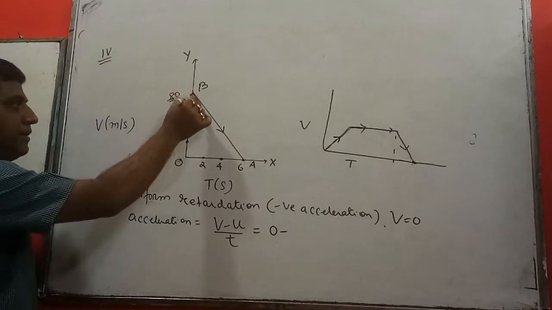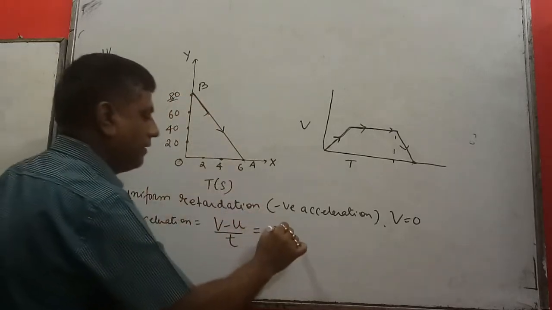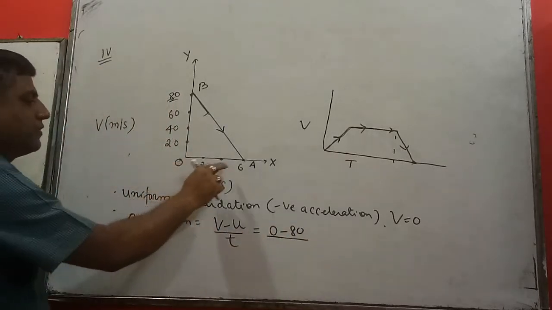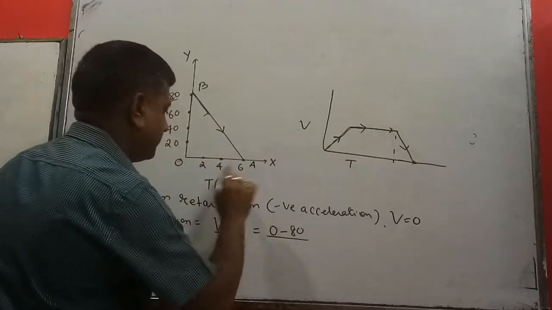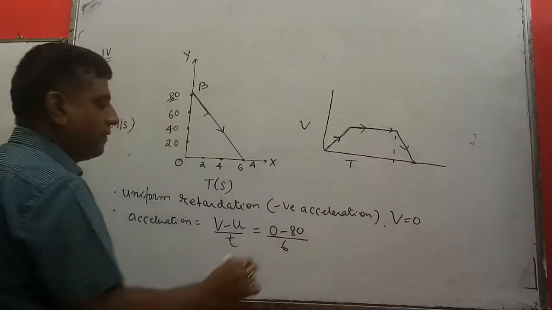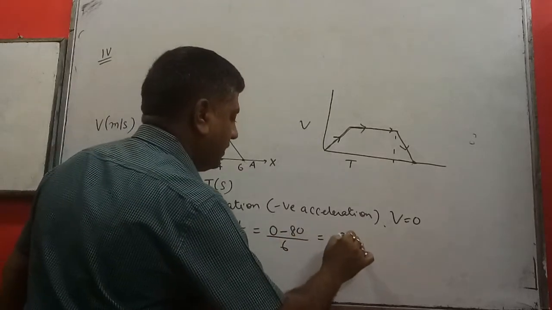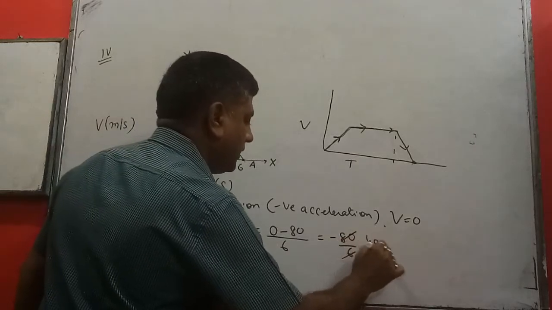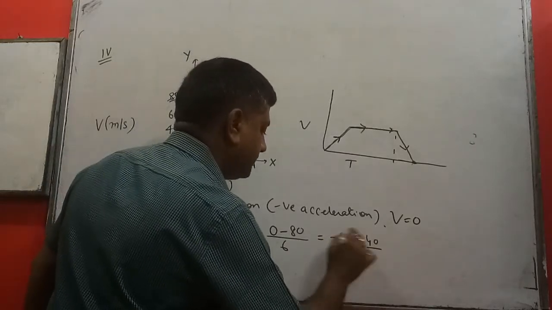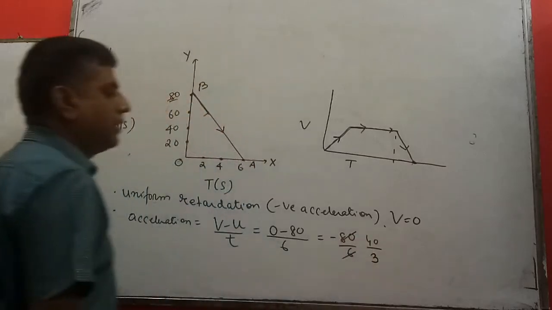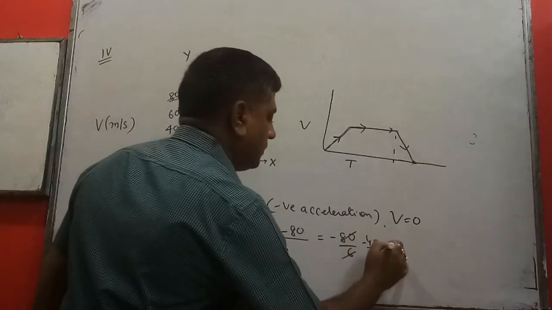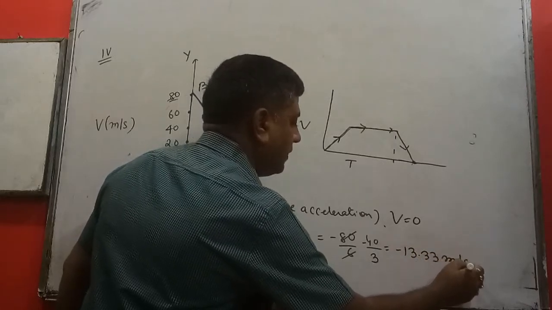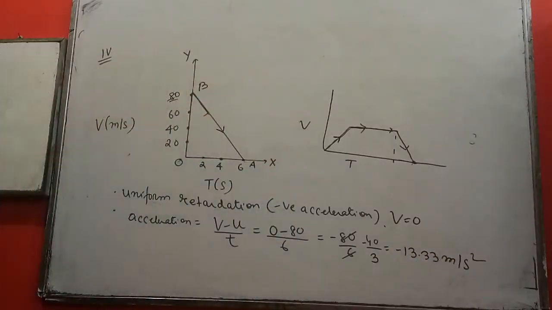See, from here I have started, 80. And this one is what? 6. Now 0 minus 80 by 6. Okay? 40, and this is what? 3. So almost minus 13.33 meter per second square. Okay, acceleration.